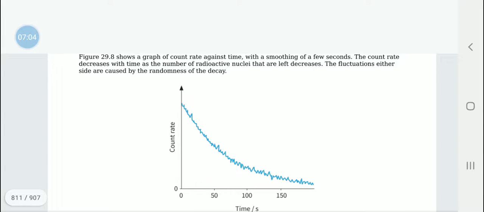If a count rate against time graph is drawn for a particular sample of radioactive materials, we would obtain the following graph.